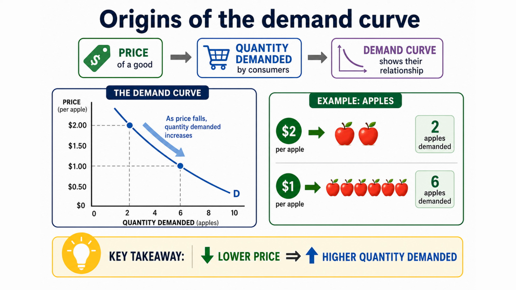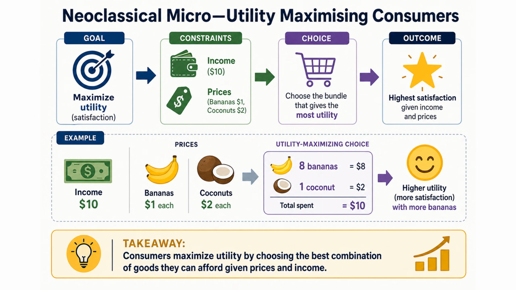Once that is clear, the next step is neoclassical micro-utility maximizing consumers, because it develops the next piece of the same argument. Consumers aim to get the most satisfaction from their purchases based on their budget. Put more directly, utility maximizing consumers make choices that maximize their satisfaction given their income and the prices of goods.